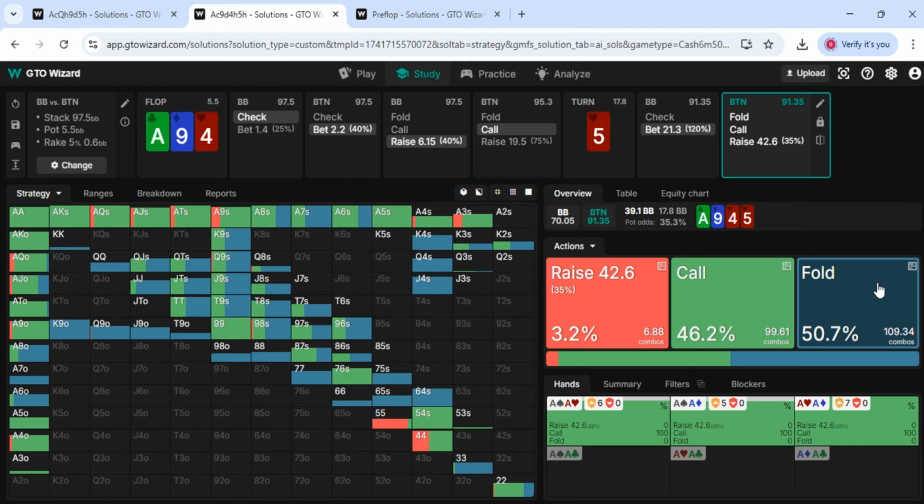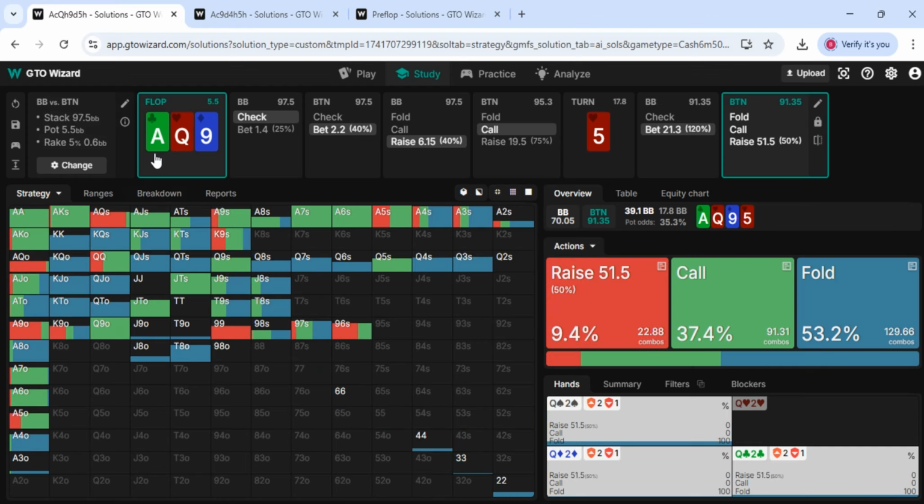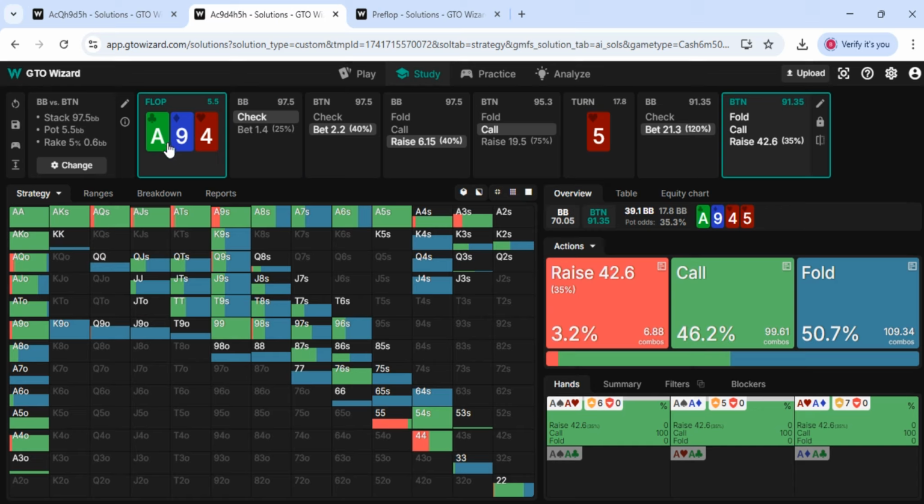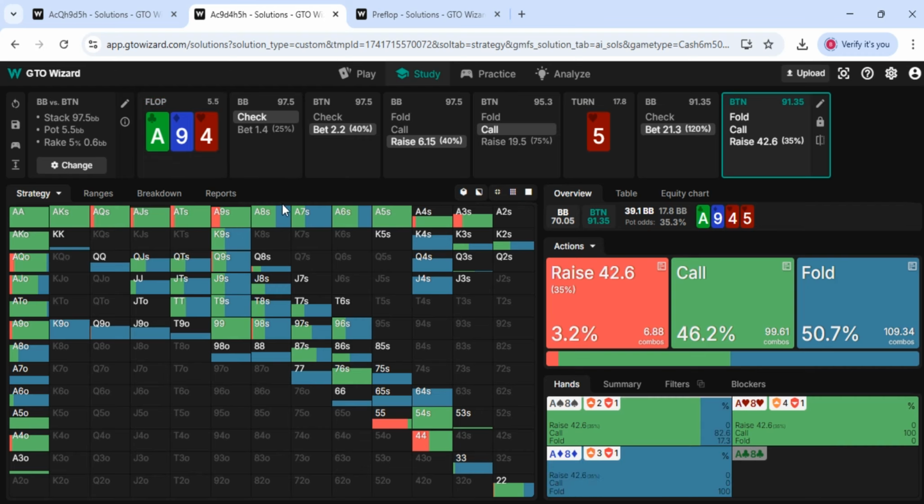But we want to understand why they're folding less. Well, in the first spot, they will continue with hands like King Jack, King 10, Jack 10, 10-8. On the second spot, they don't have all these natural continues on the flop, but we still get an overfold. Why do we get an overfold on the turn?